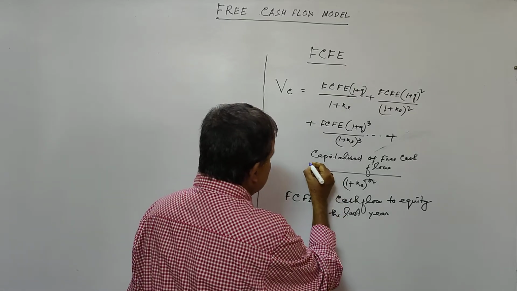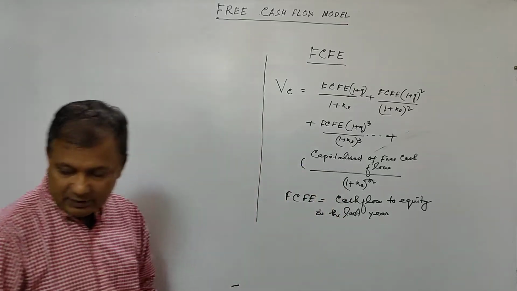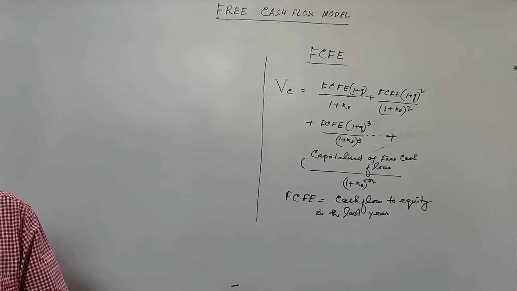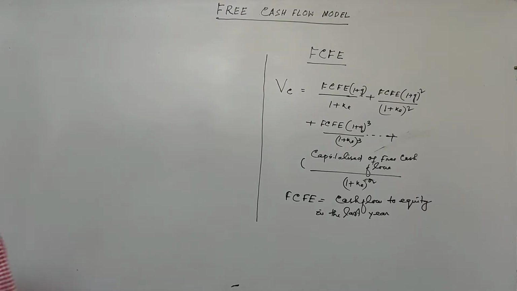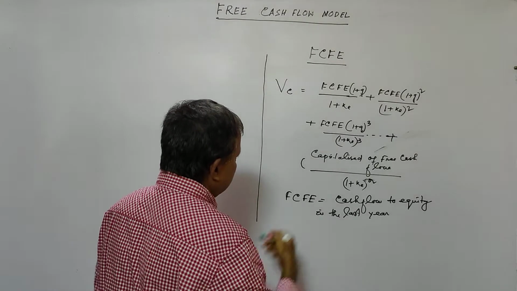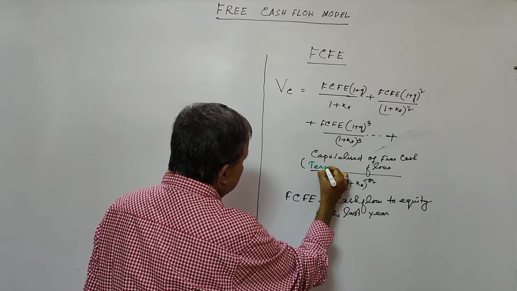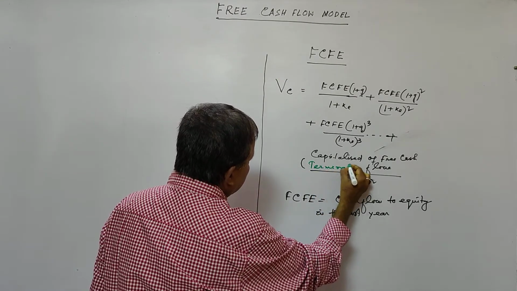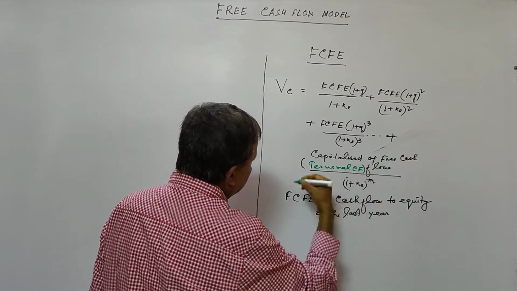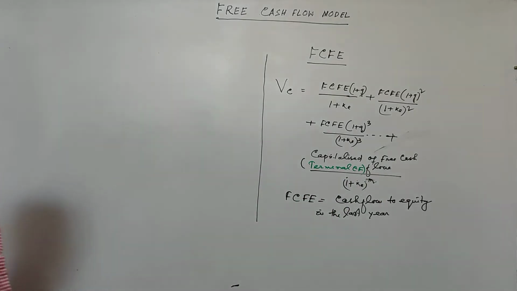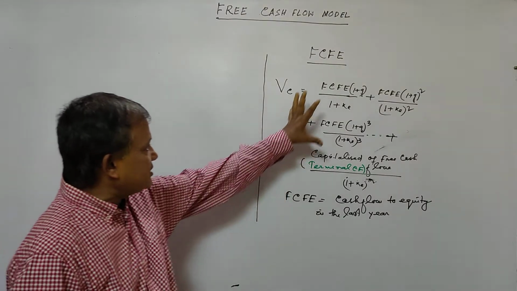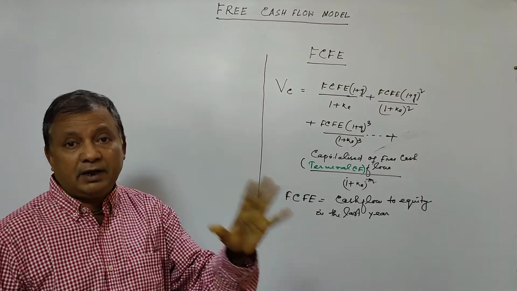We can write it as your terminal cash flow. So this terminal cash flow, we have to take the present value of terminal cash flow so that we can find out the value of the firm.